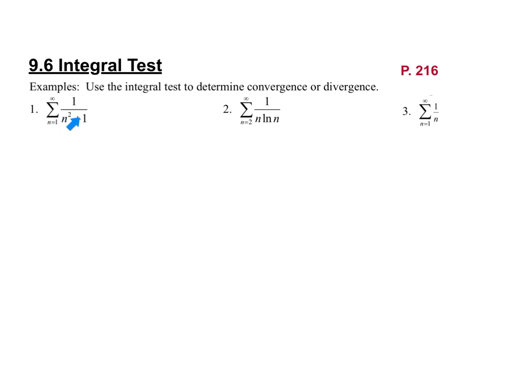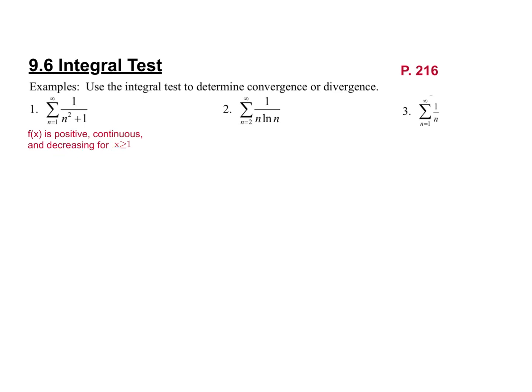This will always be positive on the bottom, and therefore, since there are no holes, it's continuous. And the numbers on the bottom are going up as n goes up, which means the fraction itself, its value, is decreasing. So we've met those conditions. And so f of x, in this case 1 over x squared plus 1, is positive, continuous, and decreasing for all x values greater than or equal to 1.